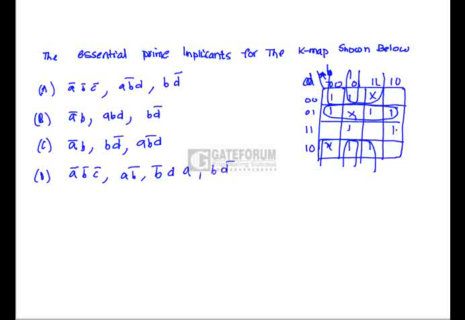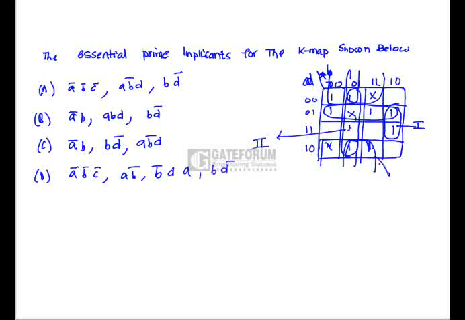But if we come to this square, this is the only possibility, as well as for this square this is the only possibility, again for this square this is the only possibility. Hence there are three essential prime implicants.